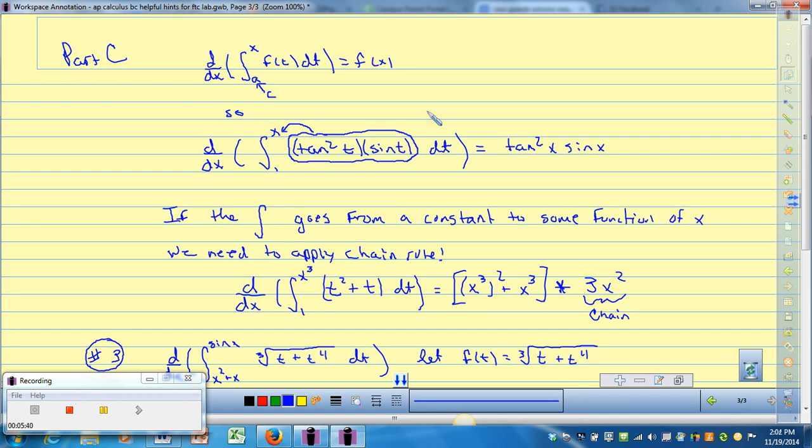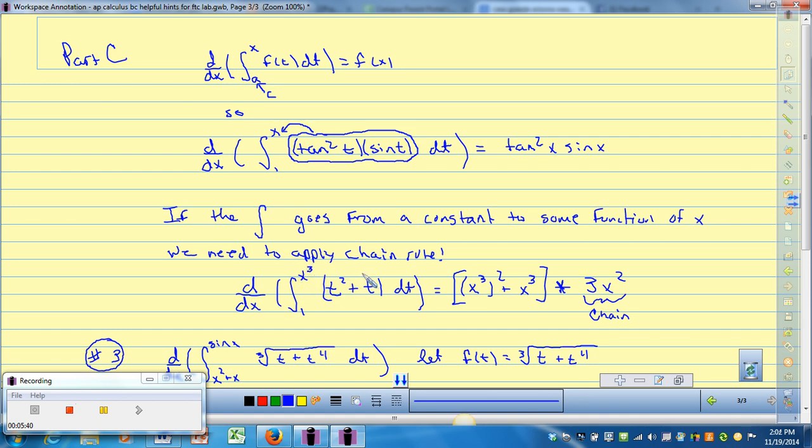All right, so what we have to realize is that if we have an integral that goes from a constant to some function of x other than just x, we are going to need to apply the chain rule. So if we're asked to find the derivative with respect to x of the integral from 1 to x cubed of t squared plus t dt, well, we're still doing the derivative of the definite integral from a constant to some function of x.